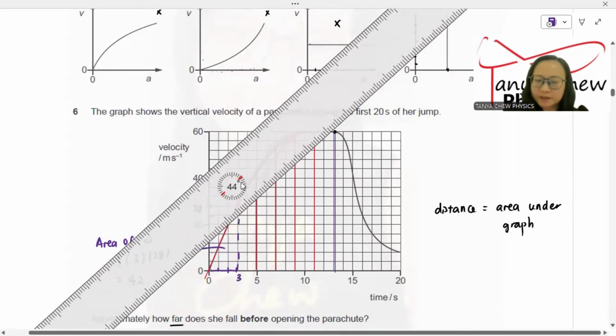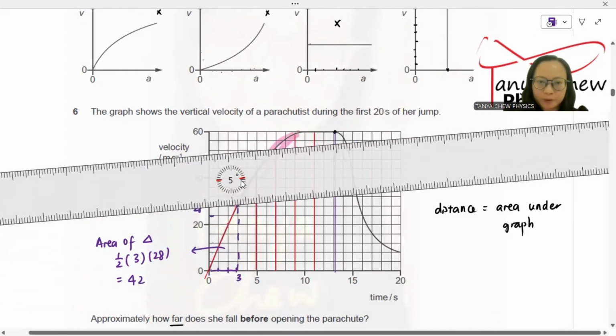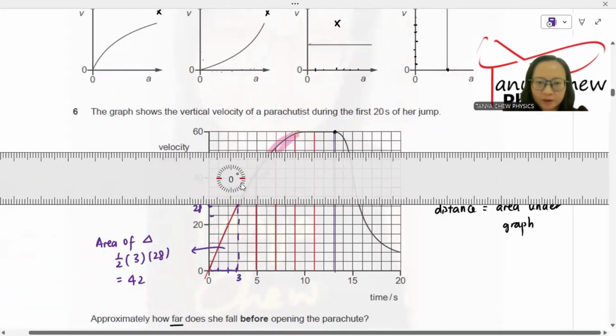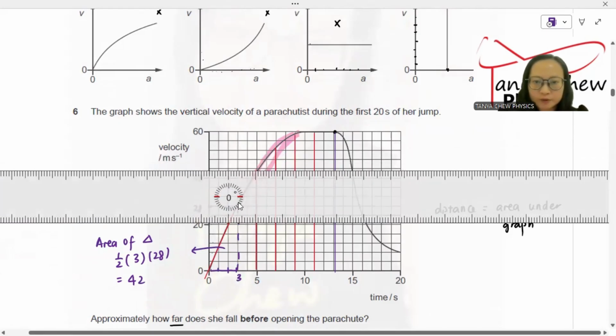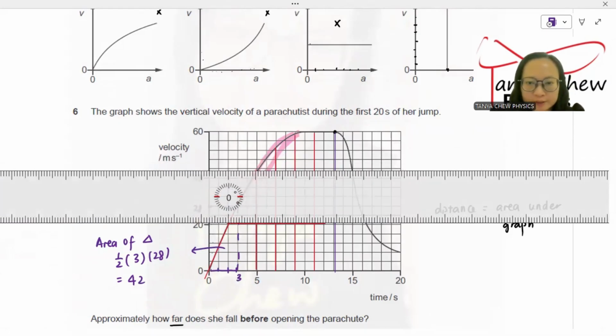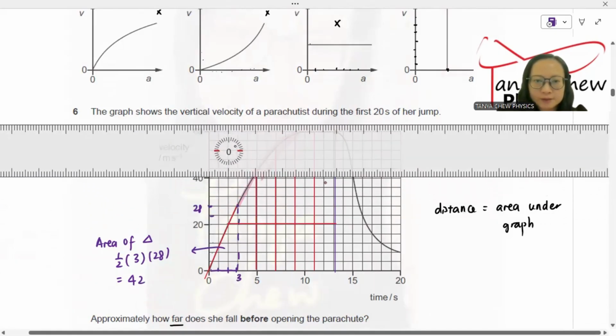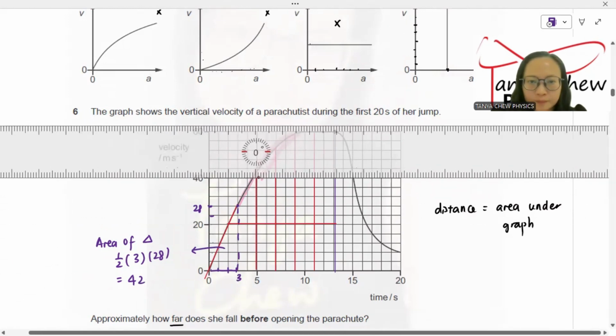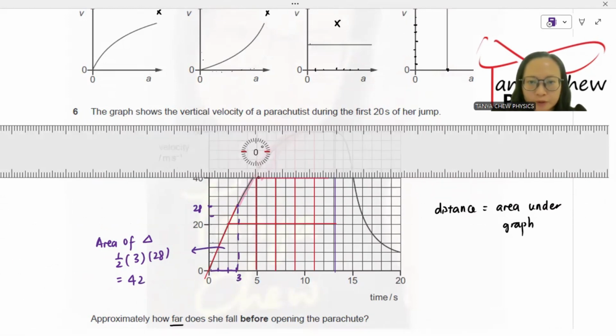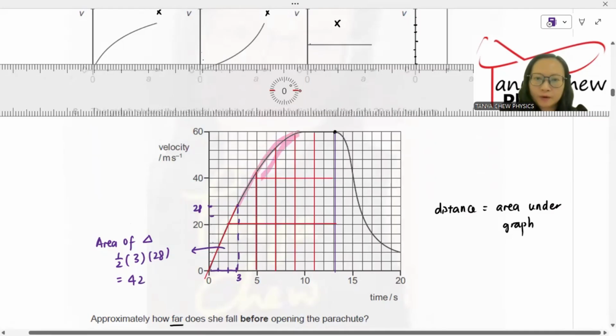But this method is definitely very inaccurate, but we have no choice. This is the only method that we can use. So I'm going to draw the boxes like this. Then like this. Okay, this part, and that's all.